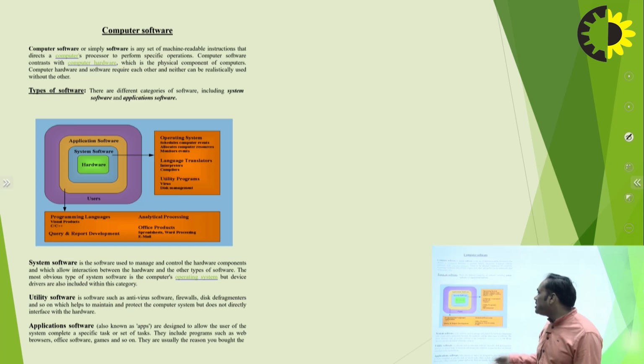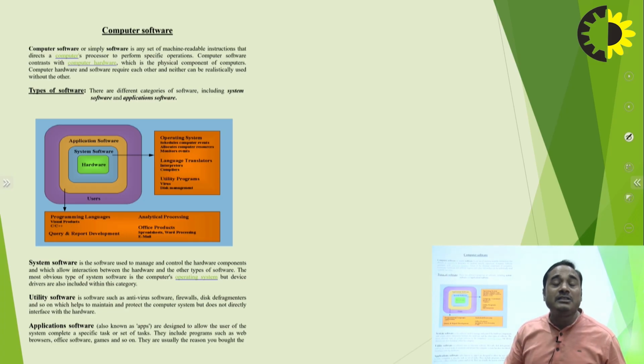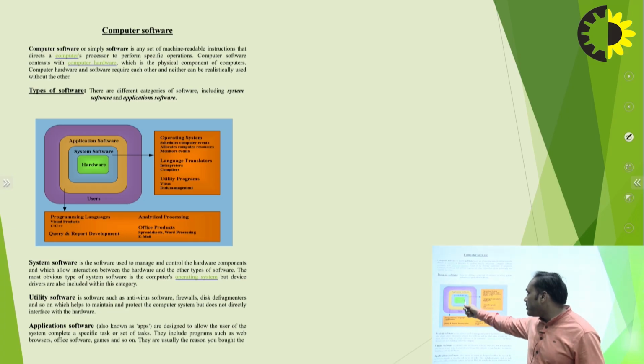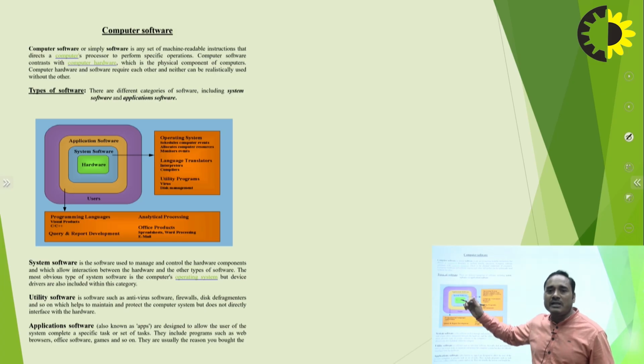This is very important, because these are the hardware, system software and application software. Hardware means the RAM, the hard disk and the motherboard. These are the hardware parts that support running the program. System software means the operating system, which provides the interface between the hardware and software, and application software can be run by the users.